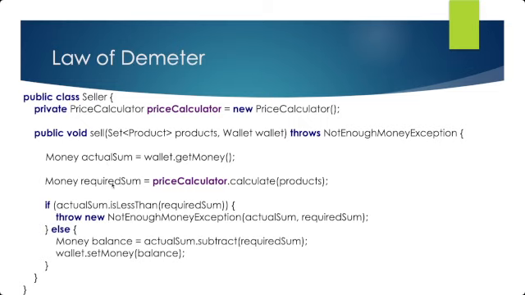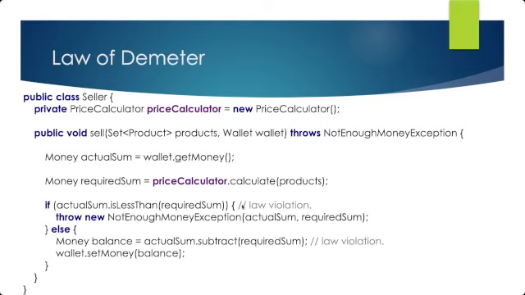Again, I create required sum, and here I store the result of calculation, the sum of products, and now I need to check if the actual sum is less than required sum or not.